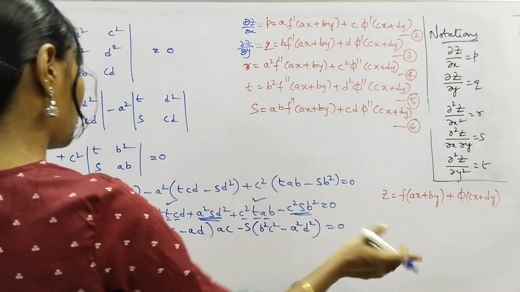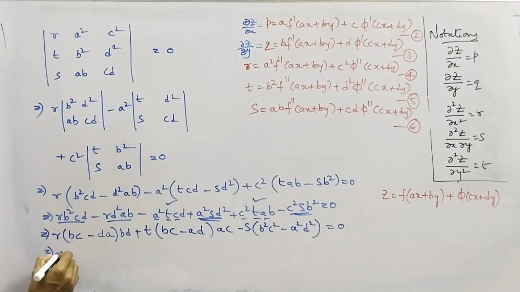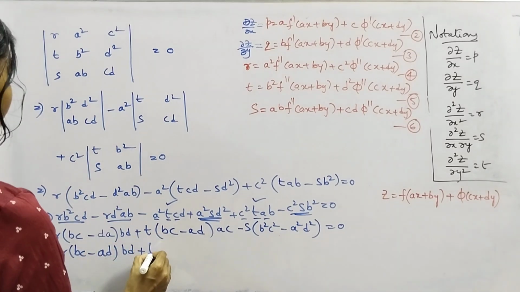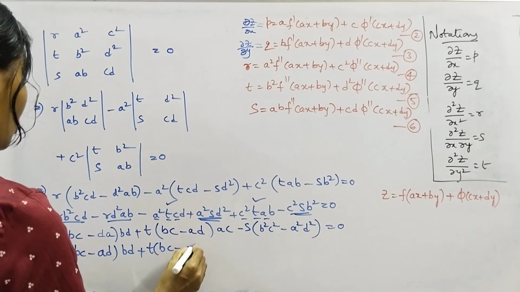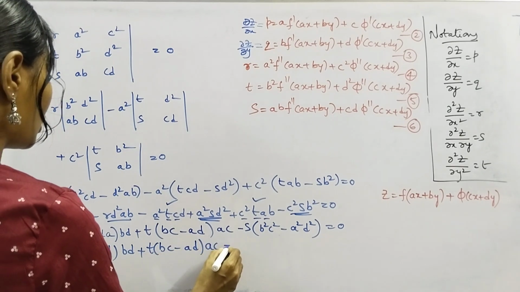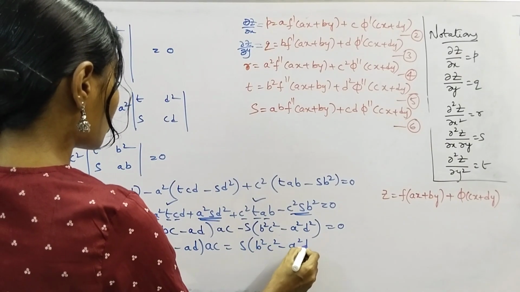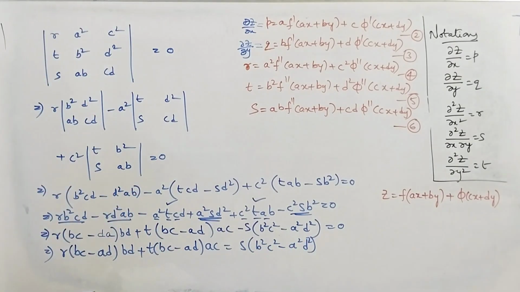Now I'm taking this term to the RHS for my convenience. You can write da as ad. Plus t times (bc − ad) into ac equals s times (b²c² − a²d²). This gives us, now take bc − ad common here.